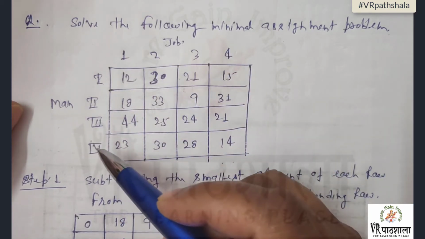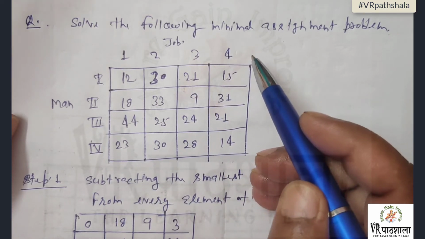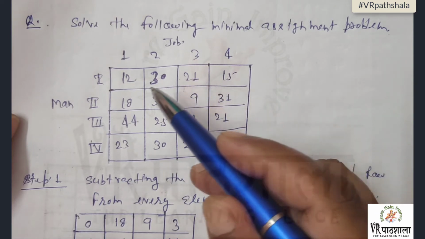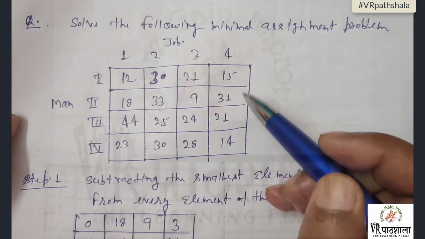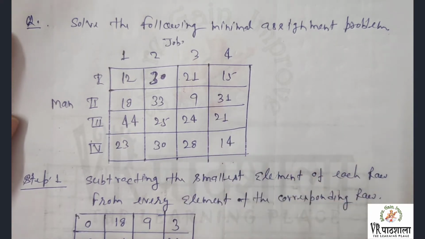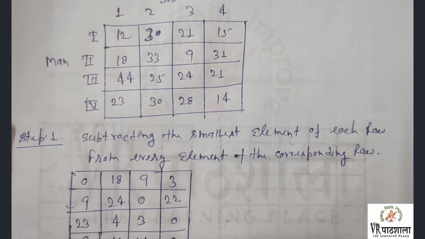There are 4 persons and 4 jobs, and the effective cost matrix is given. Now we will solve this assignment problem.